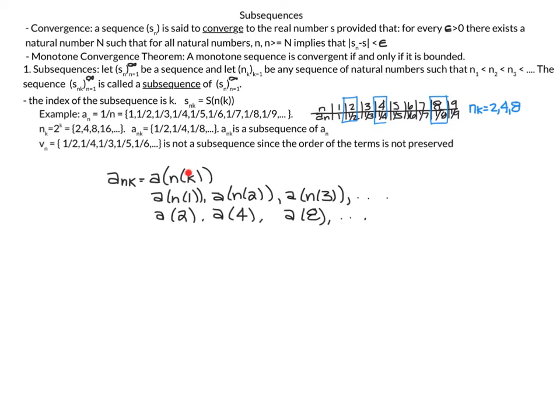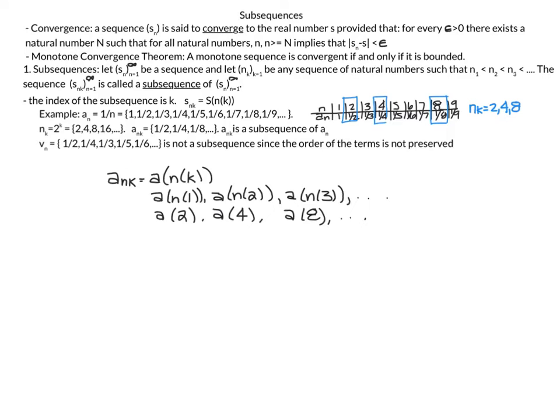So plugging in k equals 1, 2, 3, 4, 5, etc., I have an1, an2, an3, etc. n1 is equal to 2, n2 is equal to 4, n3 is equal to 8. So my subsequence is A2, A4, A8, which is 1/2, 1/4, 1/8.